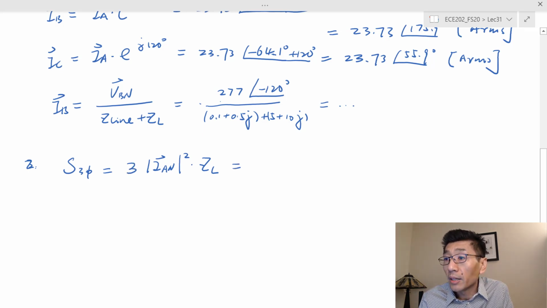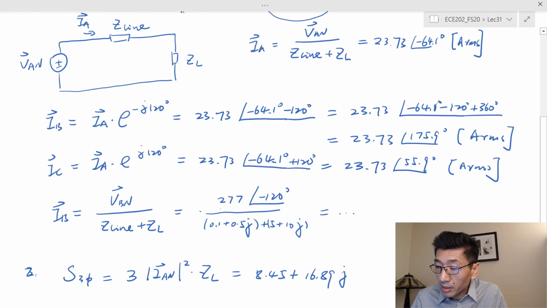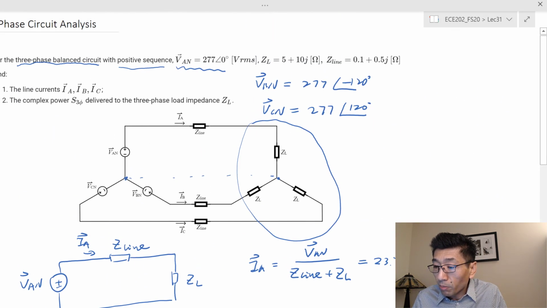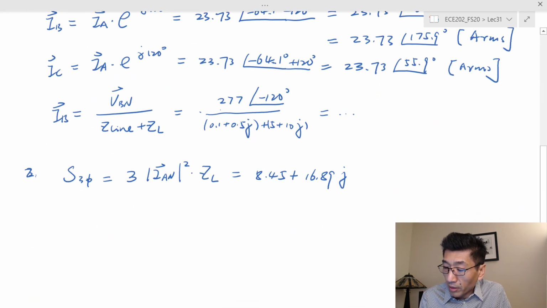And if I do that, the answer is 8.45 plus 16.89 J. This is complex power, of course. You see the Z sub L has a real part and an imaginary part. The imaginary part is positive, that means Z sub L is inductive, so therefore it also absorbs positive reactive power, which is 16.89.